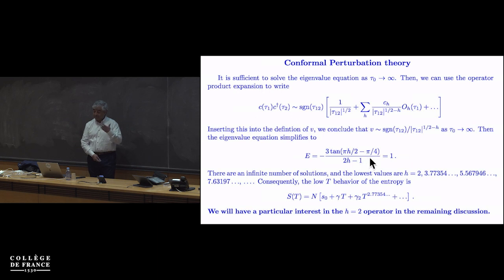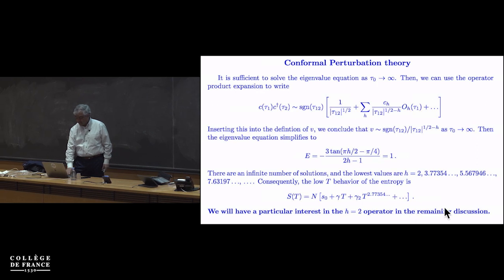It's just a matter of doing those integrals now. And there are really quite elementary integrals. So I've given you all the information to get this tan pi h over 2 minus pi by 4. Well, they're not elementary. You have to look up Gradshteyn and Ryzhik, but anyway. So from this, you get that the leading operator is h equals 2. And that gives you the linear T correction.